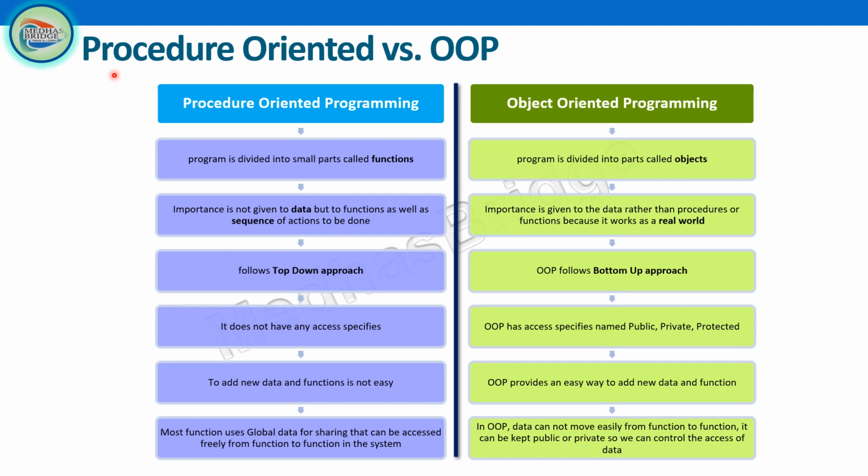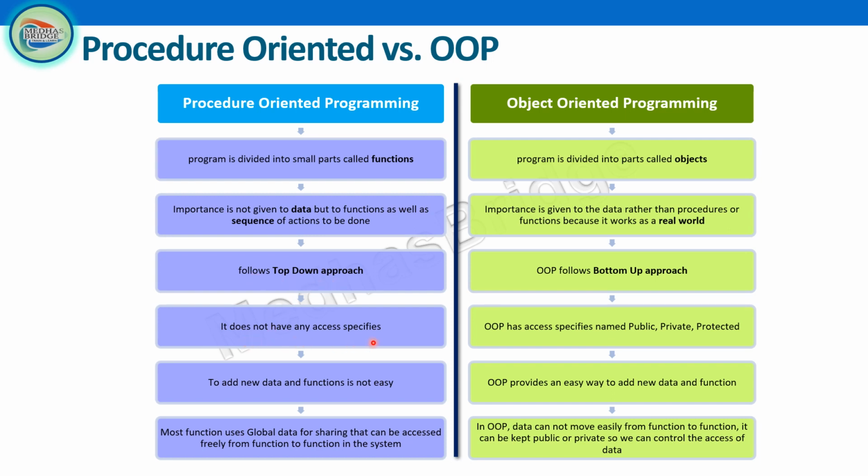Let's take a look at the difference between procedure-oriented versus object-oriented programming languages. In the procedure-oriented programming language, the program is divided into small parts called functions. It gives more importance to functions rather than data. It follows a top-down approach.